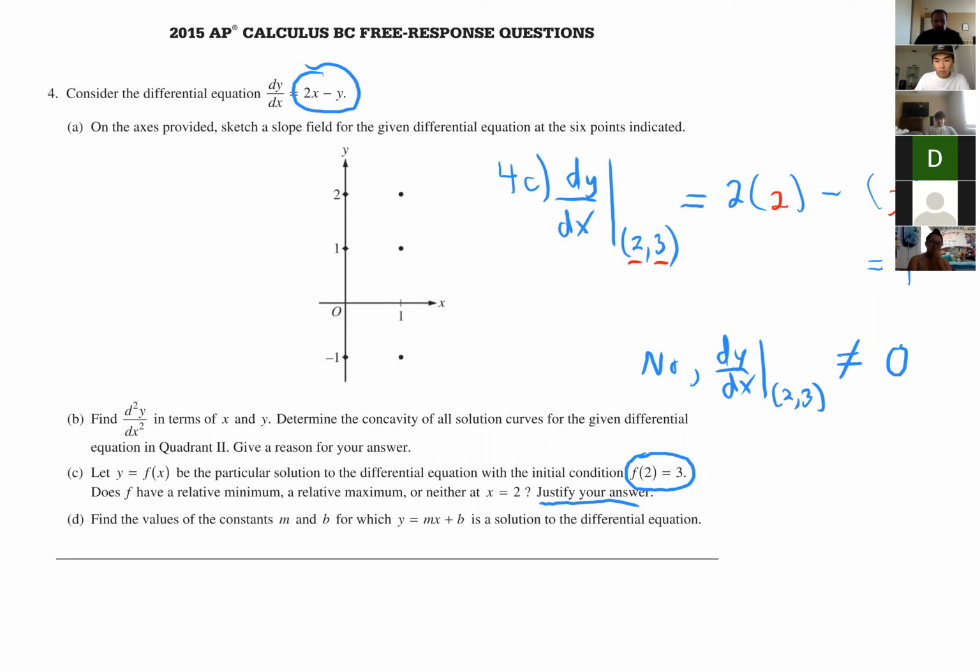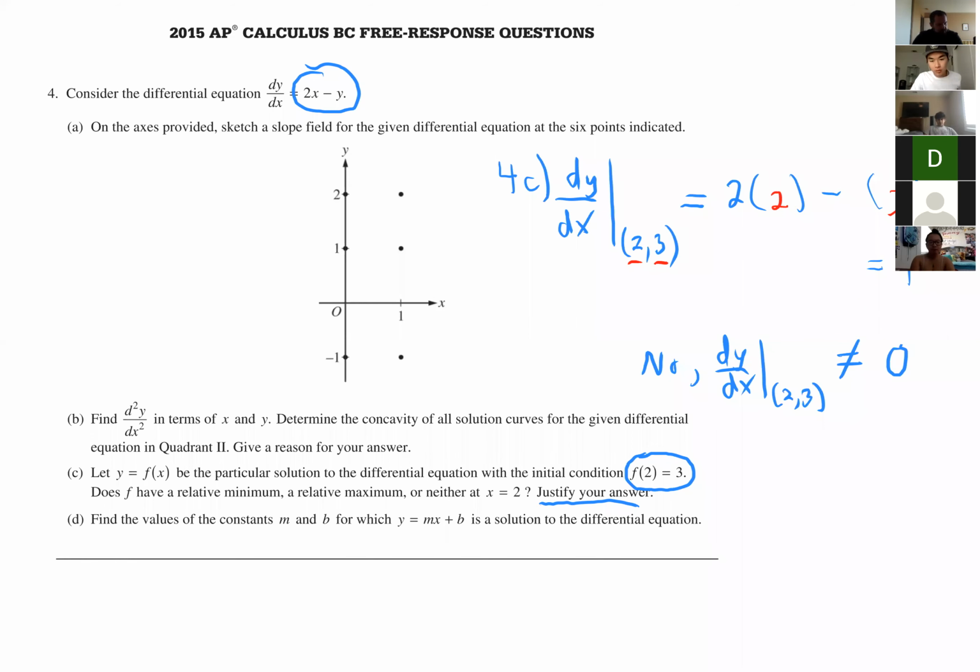So use clear language when you're writing. We'll talk about that a little bit more today and next week, what it means to use clear language. It's very important that you write it in a mathematically correct way, because if you don't, you're not going to get the point that should be an easy point after you already figured out that it's not a relative max or min. Make sure you can correctly justify.